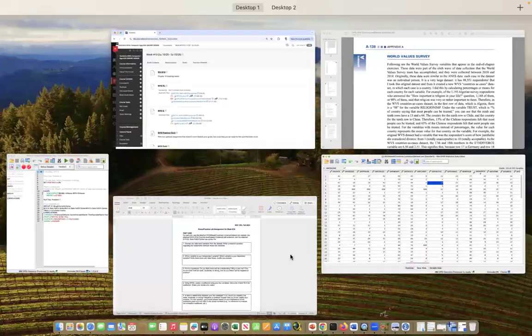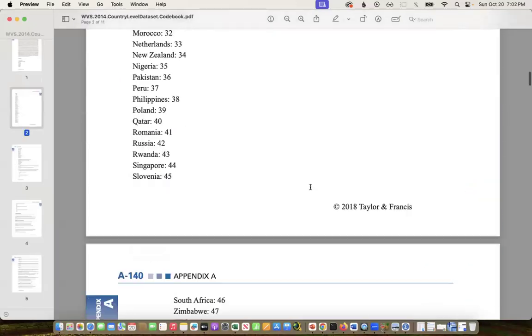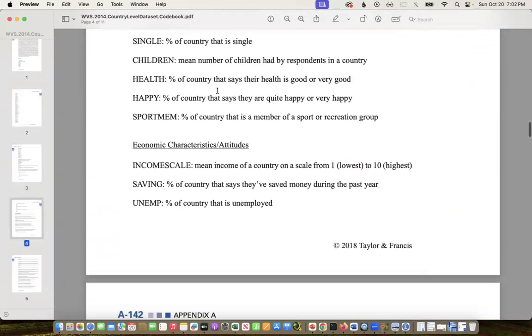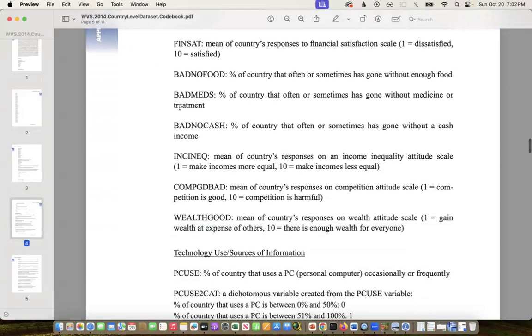And if we look at the code book, you can see that the country one tells you which country based on the code. For example, in the individual level one, a respondent was asked, do you go without a cash income? Sometimes, often, rarely, never. And Linneman said, okay, the percent of respondents that said often or sometimes, that's going to be this variable.